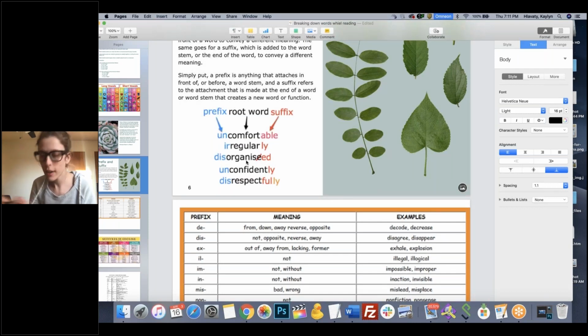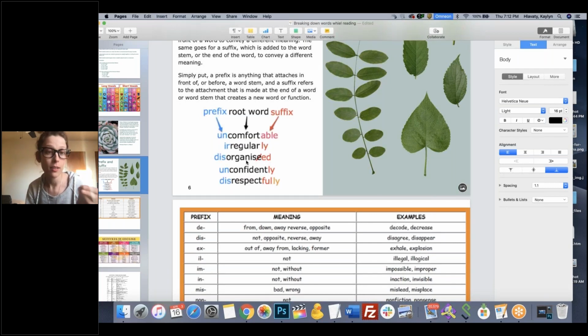But say you have Frank over here who is messy and doesn't keep a neat pile. The way you convey that is by putting the prefix dis, D-I-S. That would be the opposite, meaning not something. So disorganized would be another word for messy.